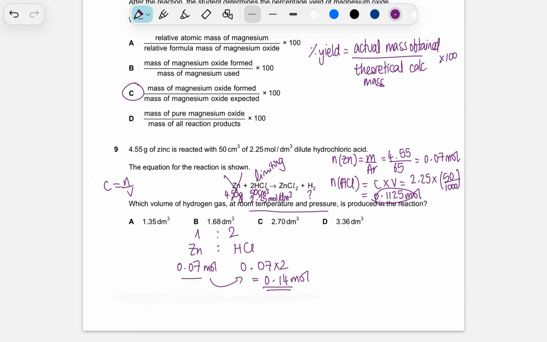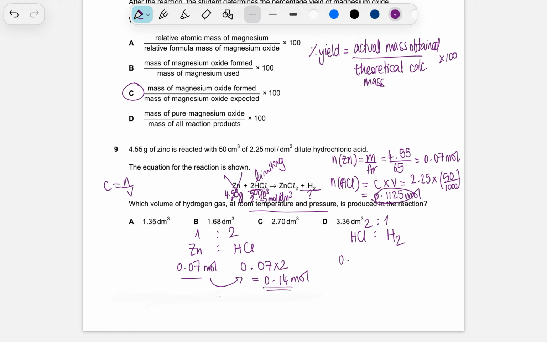Whenever a reactant is in excess, you can ignore the number of moles for that, because that's not going to help you calculate the number of moles of your product. So using this, we can calculate the number of moles of hydrogen. Hydrochloric acid to hydrogen, we've got a 2 to 1 ratio in the equation.